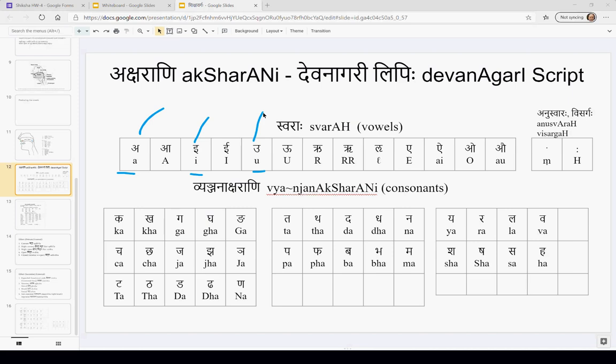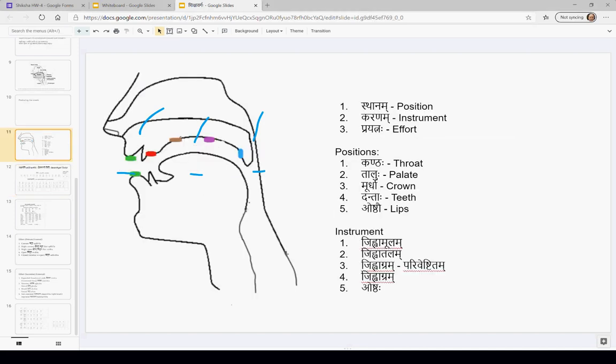Then we have i, whose position, if you remember, is the talu, similar to ch, like in chat. The difference between the consonant and this i is that with consonants the tongue touches here, but when we are saying i, there is no touch.